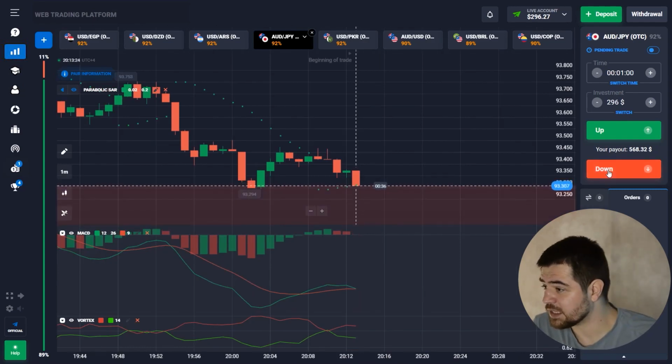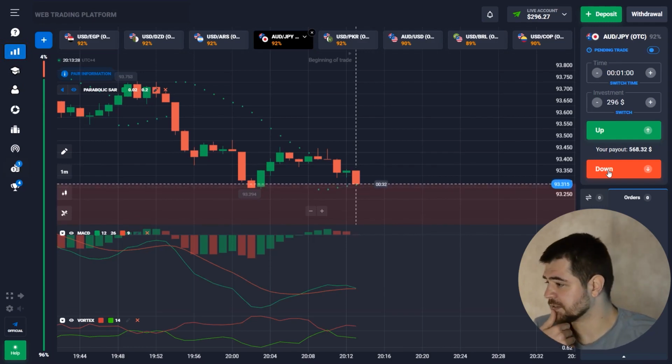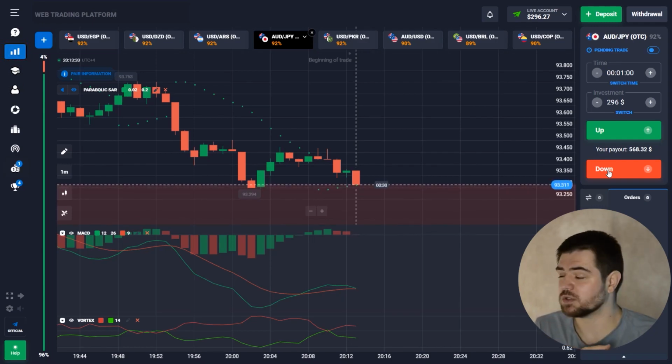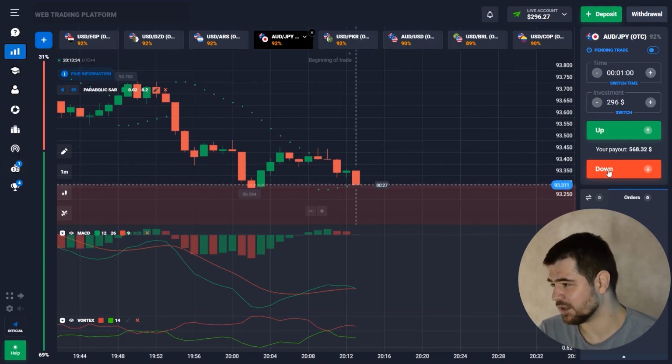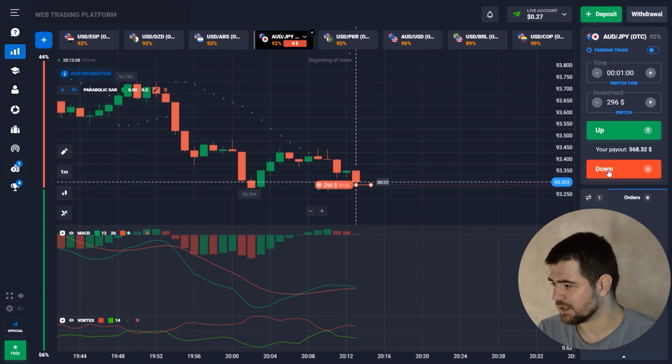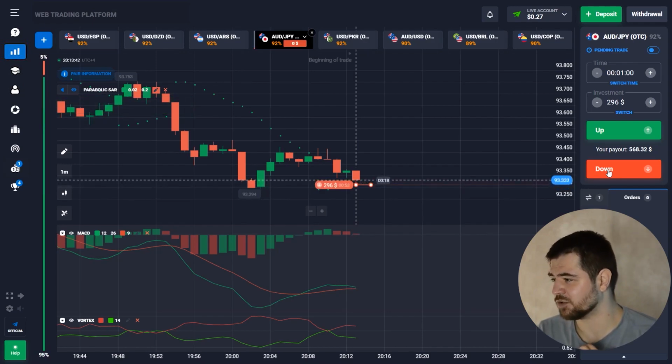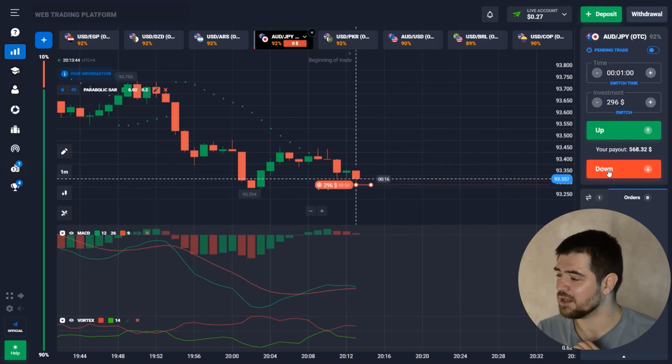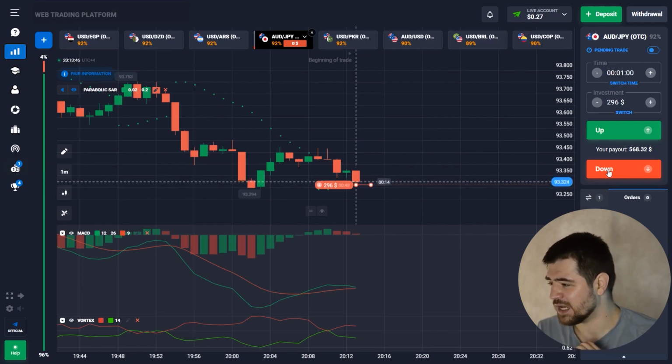So here I'm gonna go ahead and make a put option because there is quite a strong downtrend started. There is a support level there, however, but I think we're gonna break it at least. I see that the MACD is almost crossing down the orange, reddish line.